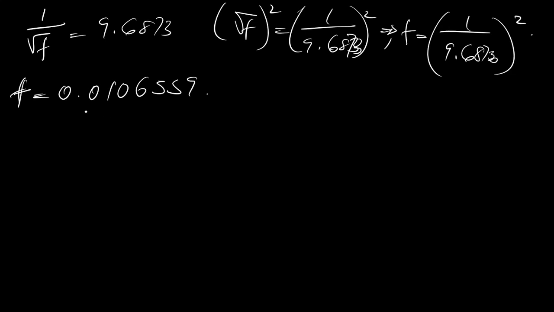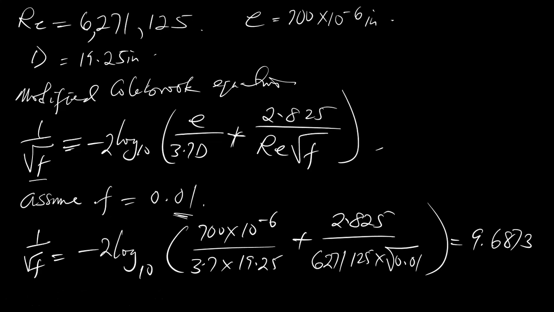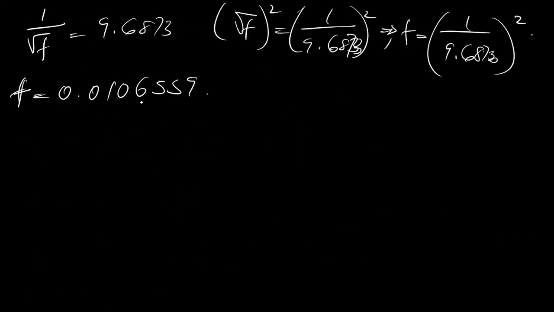So now, since the value of f has a big difference from the value we assumed, which was 0.01, and since there is a lot of variation, we continue with our iteration. In this case, we are going to make use of this as our assumed value.